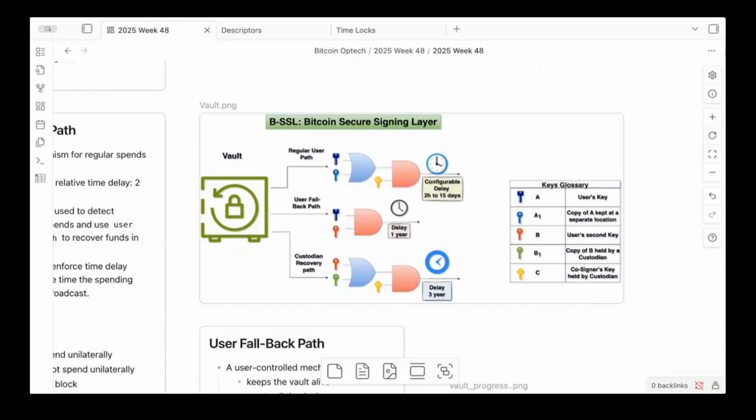So within 1 year, if somebody attacks A1 and somebody attacks the user, gets hold of either A or A1 and goes to the custodian, they can collude with the custodian and move the funds away from the user. He can't do much because he can only use his keys after 1 year. So yeah, these two issues remain to be addressed.